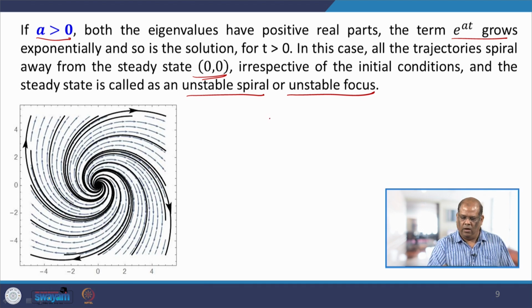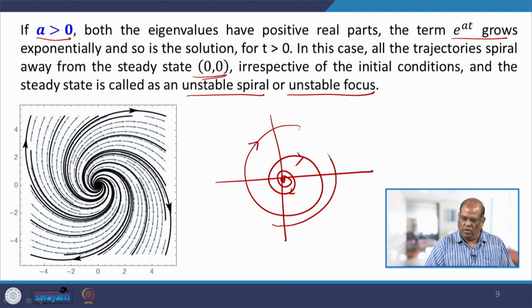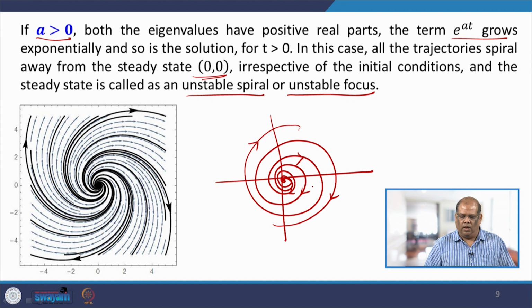To draw this again, you draw the spiral and the arrow is outside, it is moving out. You can draw one more: start from here, and it moves out, moves out. So, this is your unstable spiral or unstable focus.